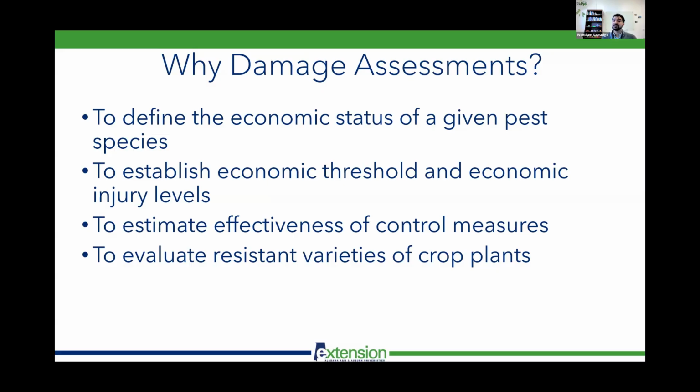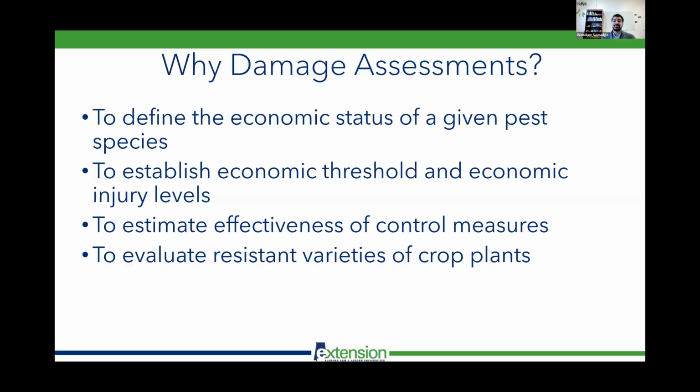We also use damage assessments to establish the economic threshold and injury levels. Those ones, as I showed in that graph of what happens for a pest population with and without control measures in place, are an example of where a damage assessment fits in.